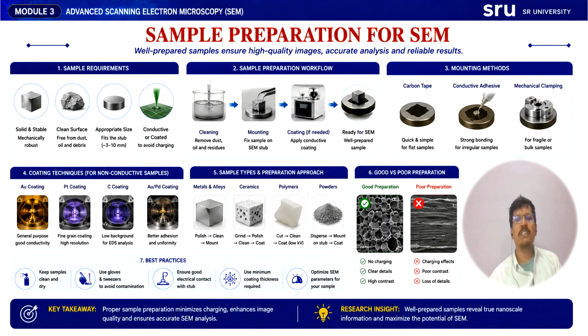So one of the most important challenges in SEM imaging is non-conductive materials. When a non-conductive sample is exposed to the electron beam, electrons accumulate on the surface, causing the charging effect.